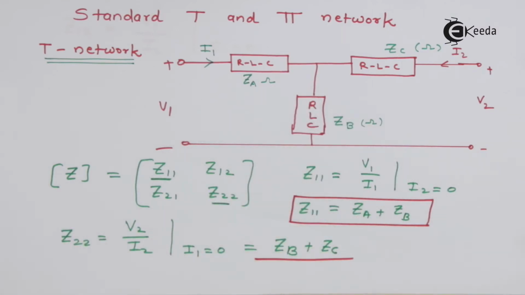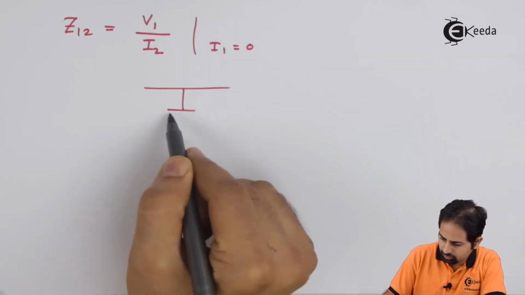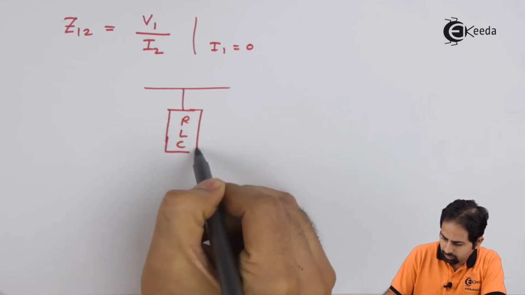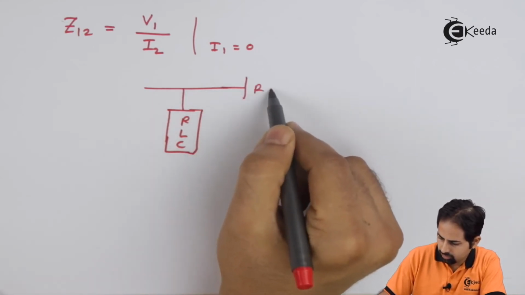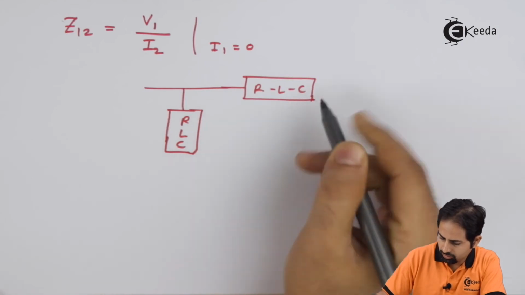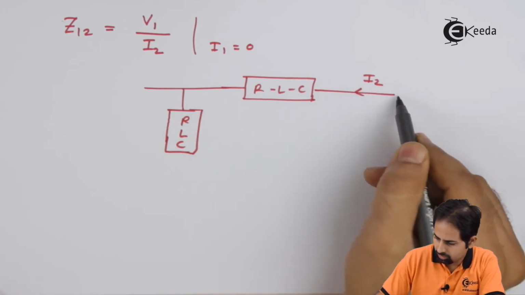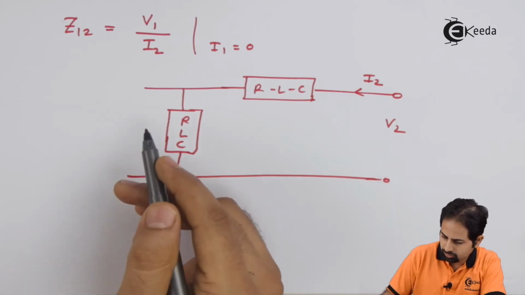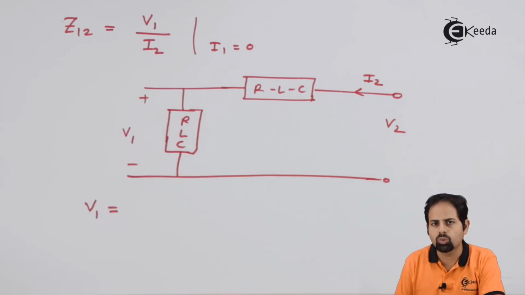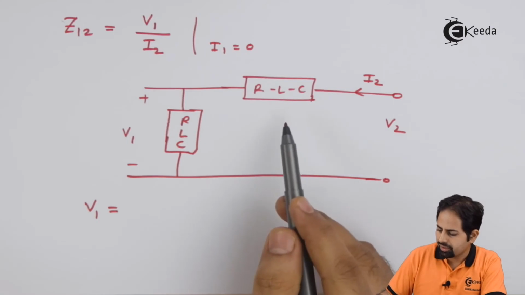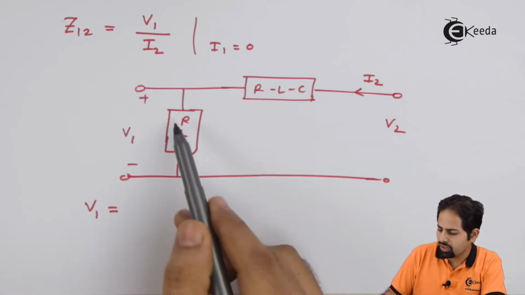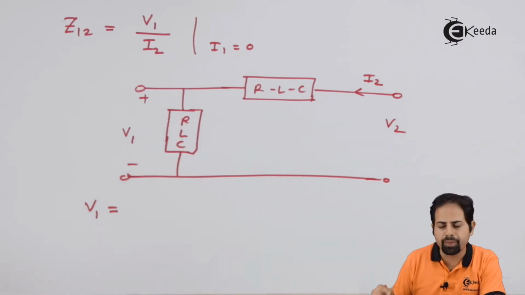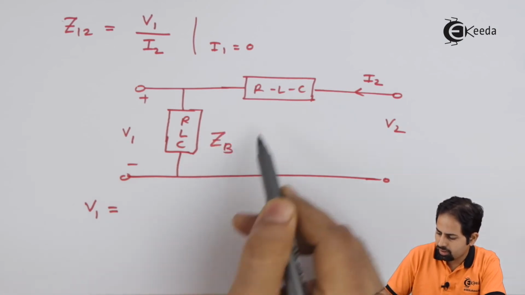So let us draw the circuit. Now in this circuit, this V1 is nothing but the voltage across this particular impedance, which is called ZB.